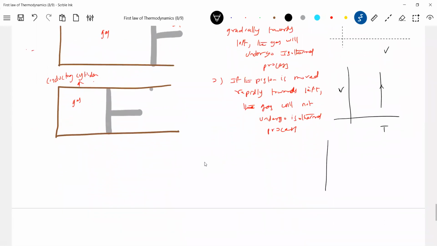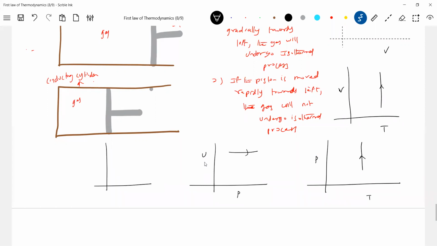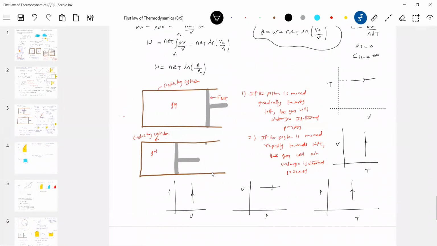Then pressure versus temperature, intensity versus pressure, internal energy versus density graph, or say density versus intensity graph. So I think different types of curves will come across.